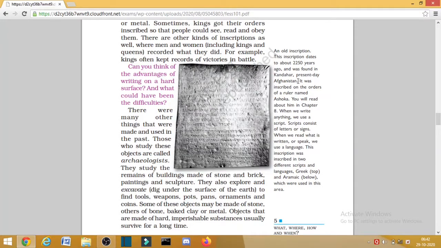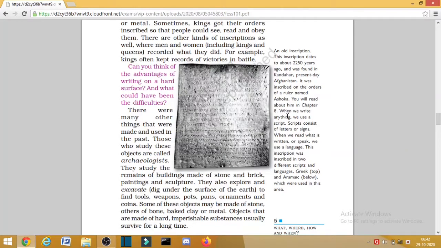Kandahar is in Afghanistan, near Pakistan. It was inscribed on the orders of a ruler named Ashoka. Ashoka was a great ruler. You will read about him in chapter number 8.